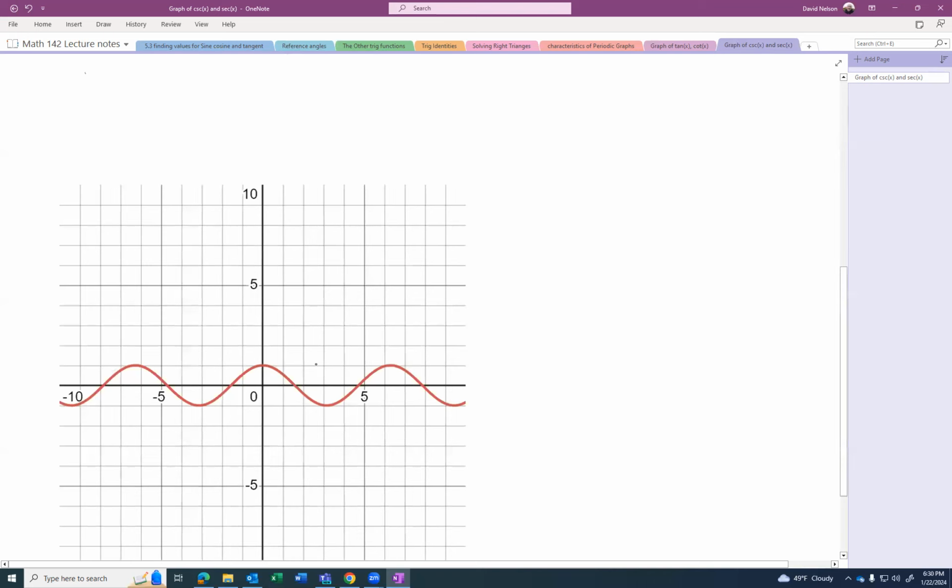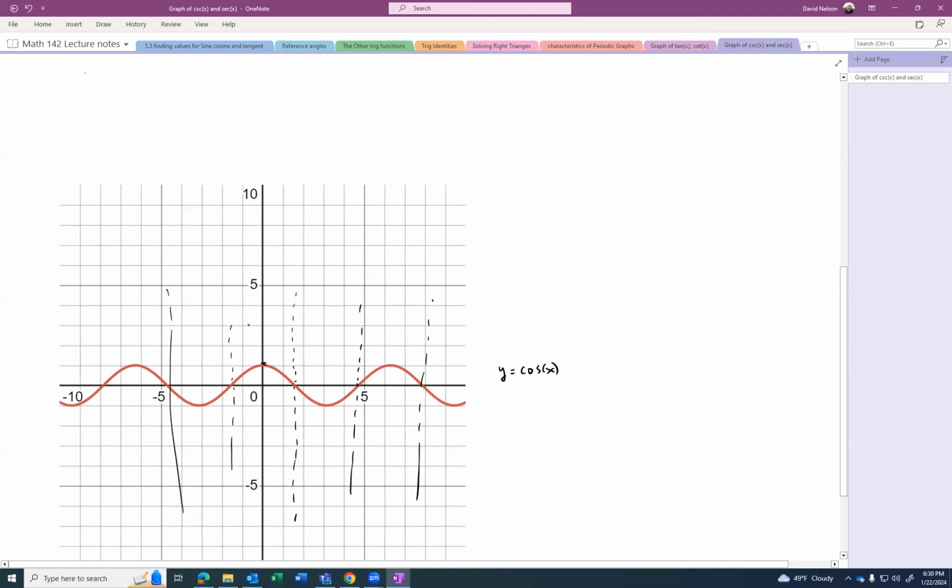I've got vertical asymptotes wherever the cosine is equal to 0. This is the cosine curve. The cosine curve always starts at a maximum on the y-axis. If I'm drawing in the cosine of x, but I want to add in secant of x, we get vertical asymptotes wherever cosine is equal to 0, a whole series of them.